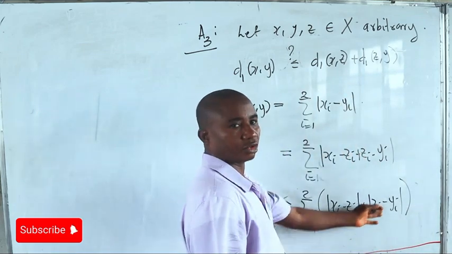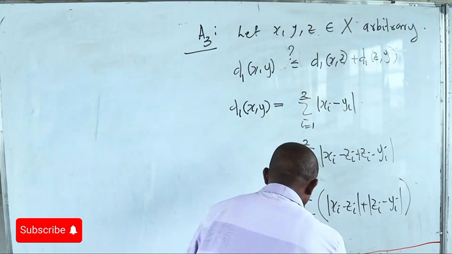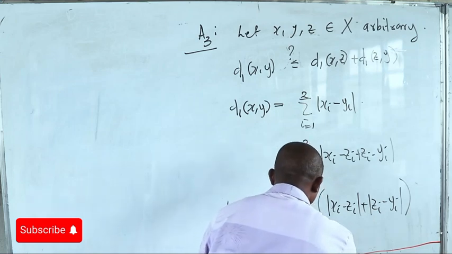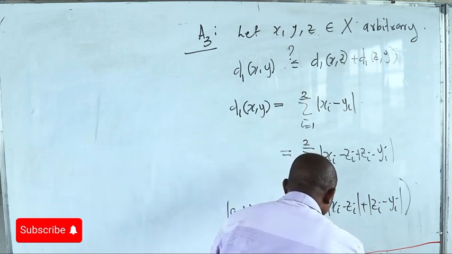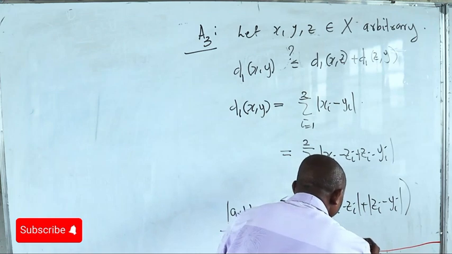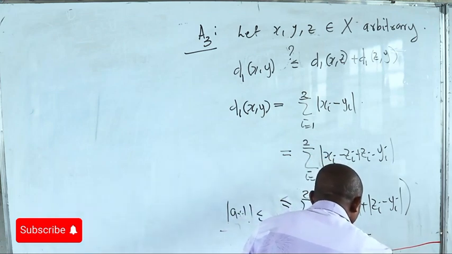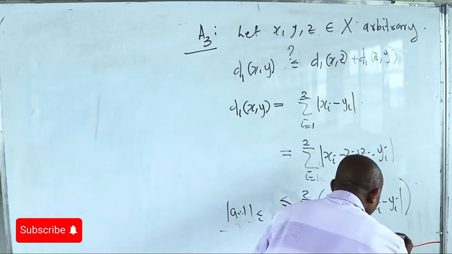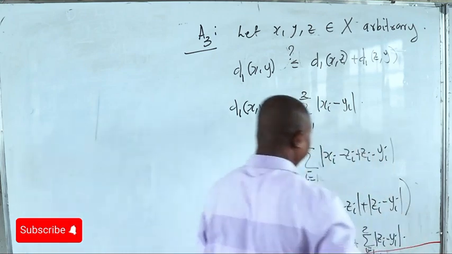This is a finite sum, so we can move the sum inside. So this is the same as summation i from 1 to 2, absolute value of xi minus zi plus summation i from 1 to 2, absolute value of zi minus yi. Good.